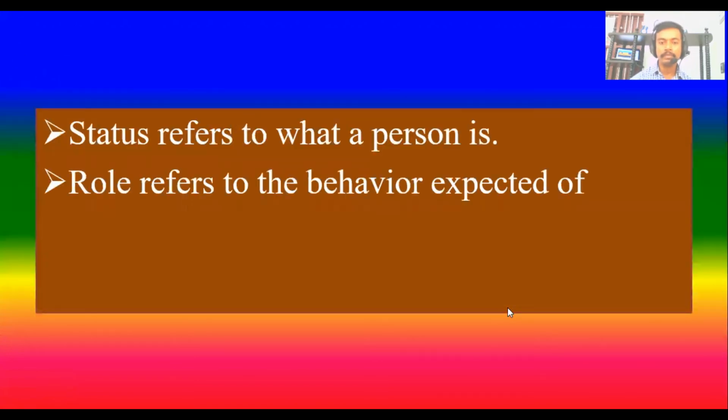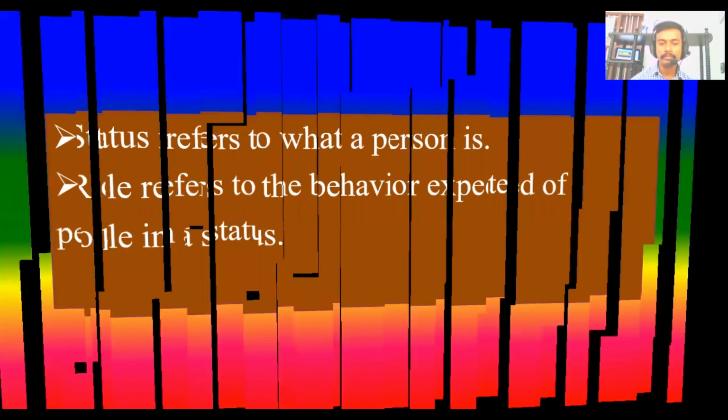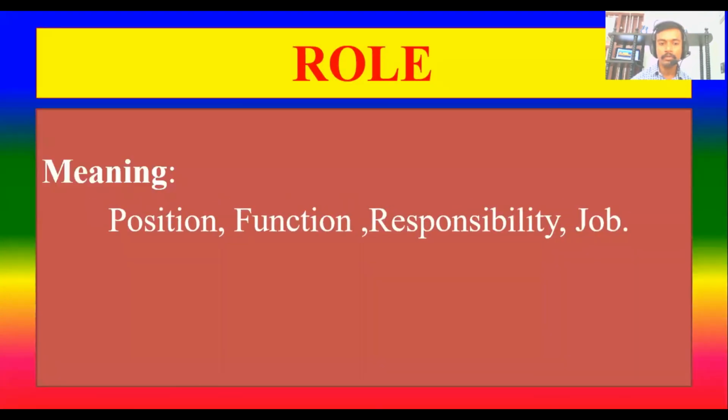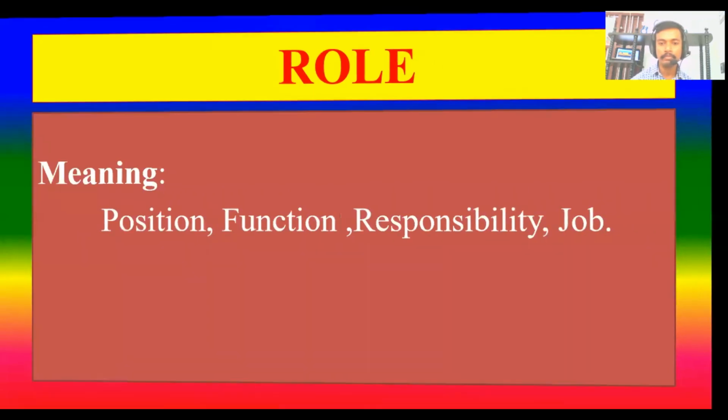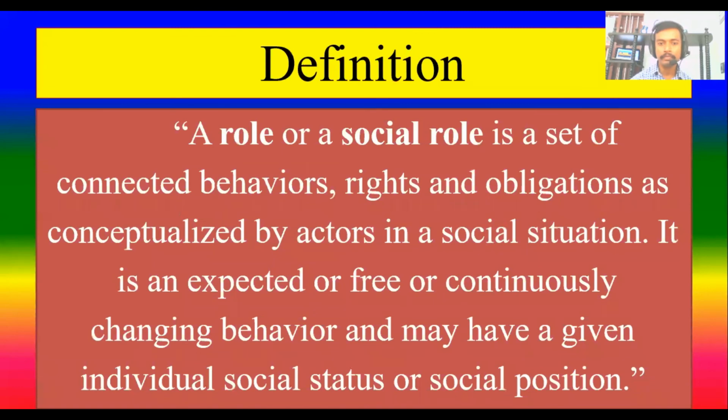Status refers to what a person is. Role refers to behavior expected of people in a status. Detail about role: position, function, responsibility, job, defined role.